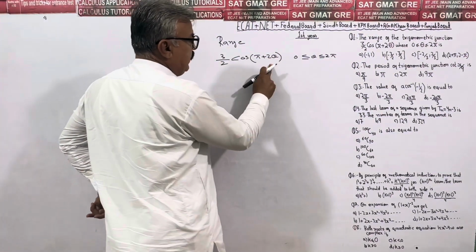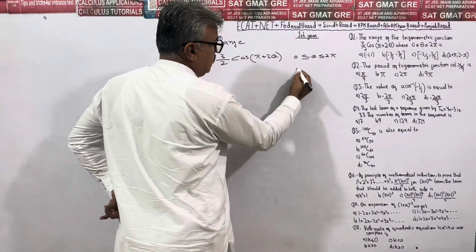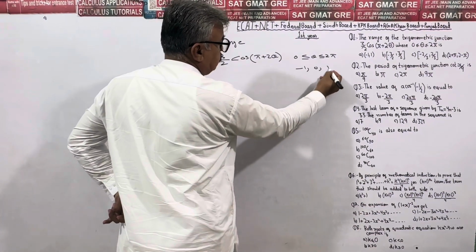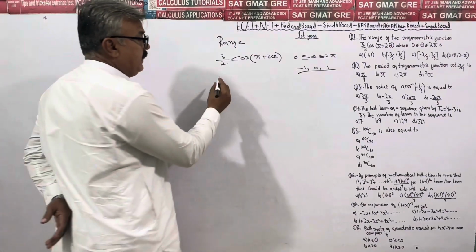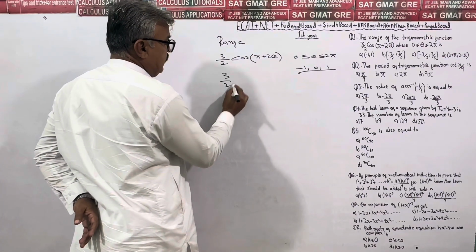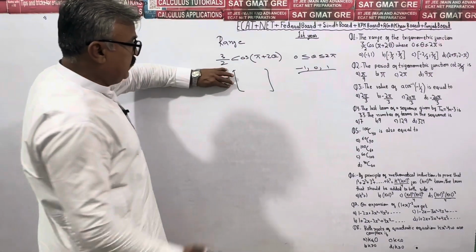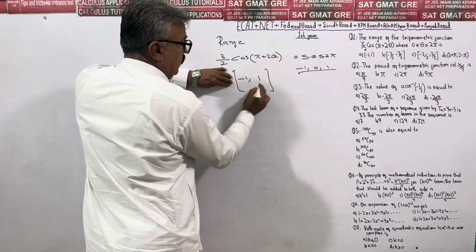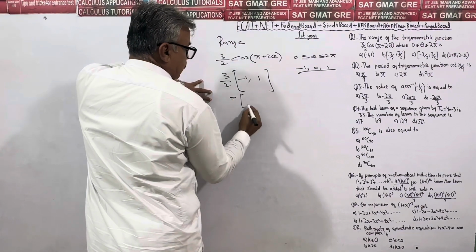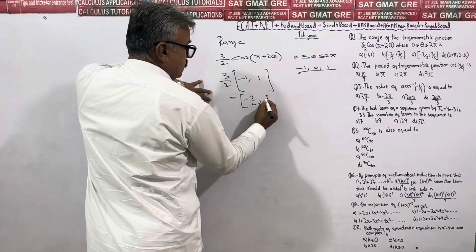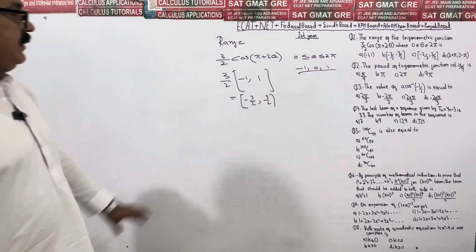If we put 0 here, it will give us cos pi. We are simply familiar that the range of sine and cosine is minus 1 to 1. Just multiply this quantity, and it becomes minus 3 over 2 comma 3 over 2, the closed interval from minus 3 upon 2 to 3 upon 2.